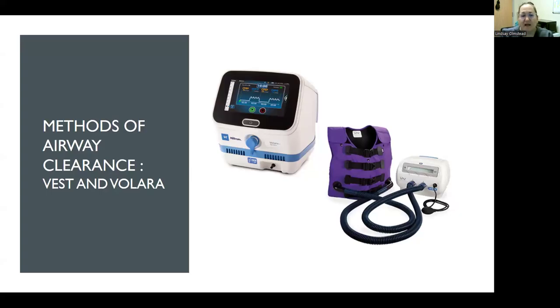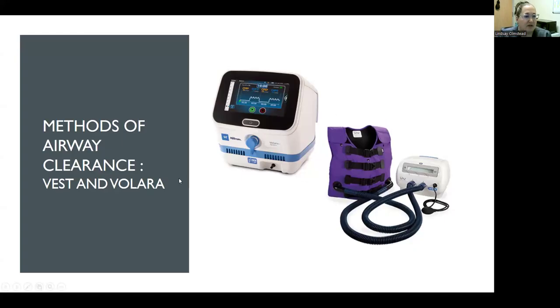Somebody with CF created it because I think he flew planes and he wanted to be able to do his treatments while he flew. So that's really cool that those older, more active kids, I'm sorry, I keep referring to kids because that's my world, are able to take this with them and still effectively do their therapies.